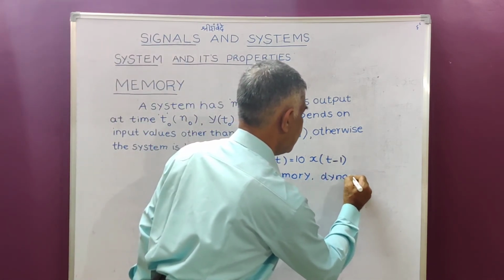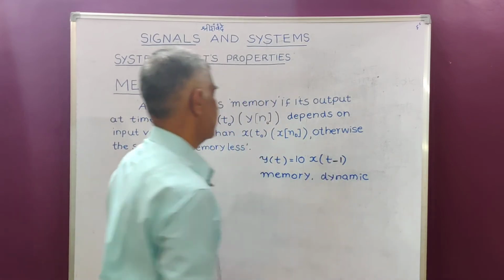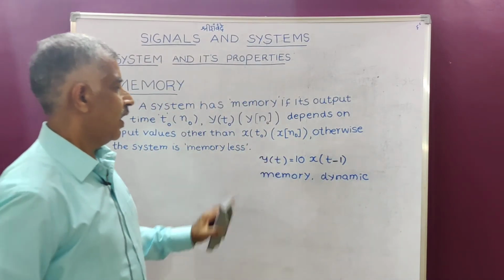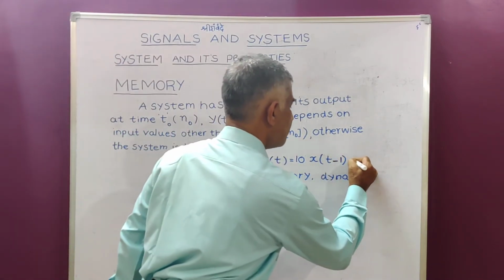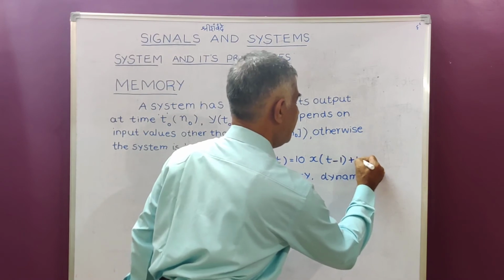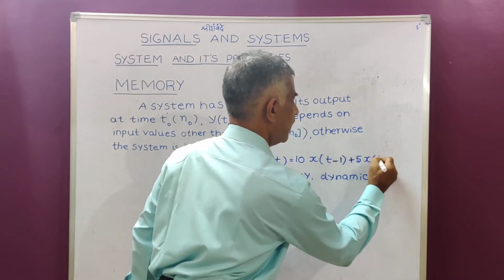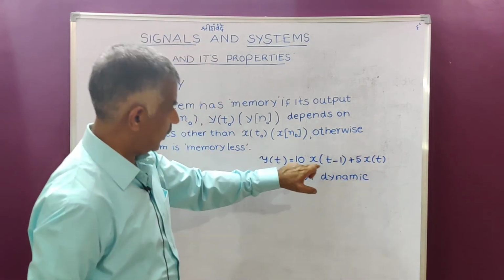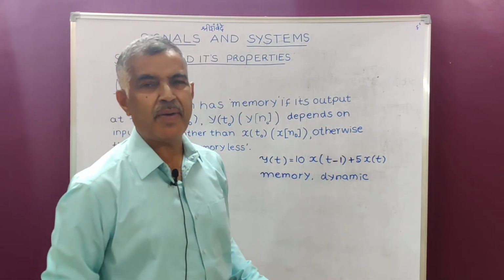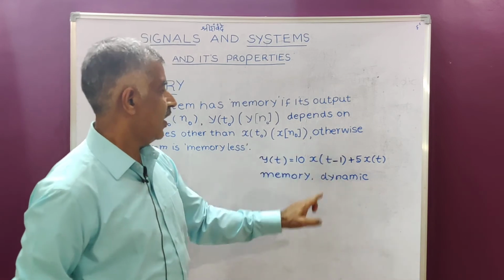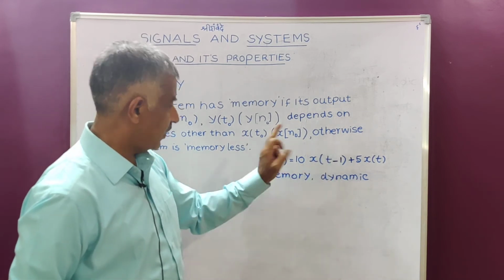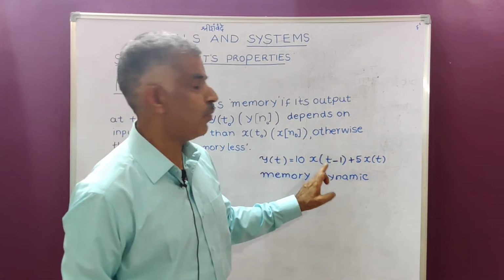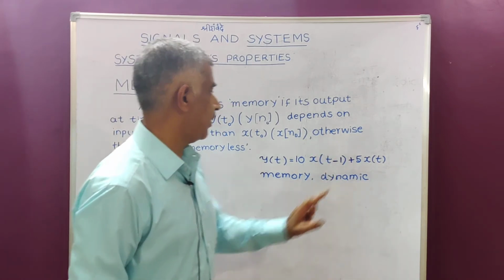In addition to this, there may also be 5 times x of t. It doesn't matter. x of t is present, but there is a term x of t minus 1 different from t. Still the system is memory and it is dynamic.